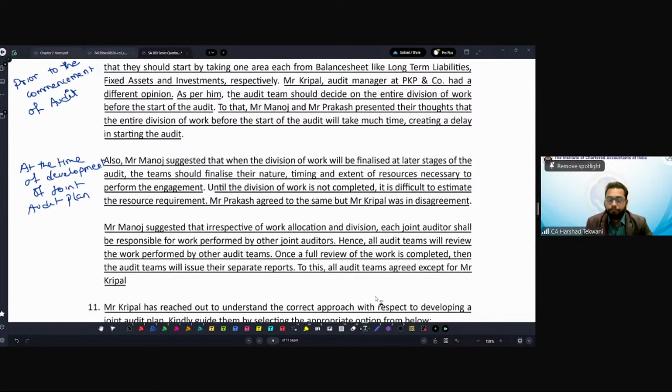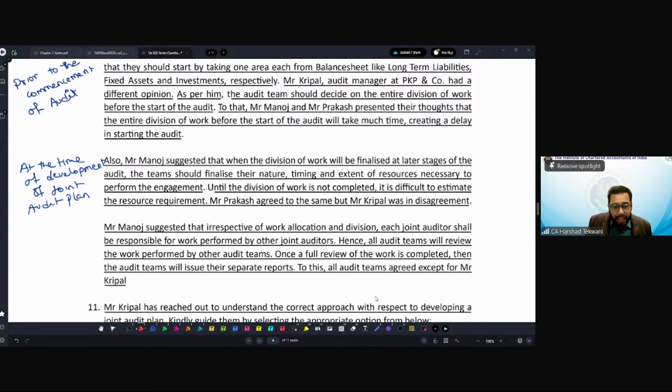So they can issue a common joint audit report if they don't have any disagreement between them, but they can issue separate reports with reference to the other auditor's report's opinion. Very good. Absolutely correct. So when it comes to the allocation of the work, if there is work allocated, then for that particular division, the respective joint auditor will be responsible.